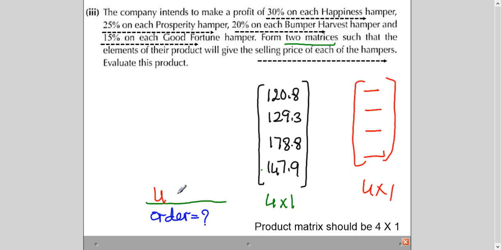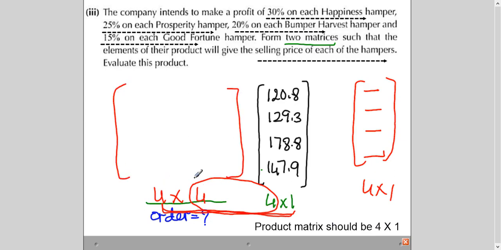And here I should definitely have 4, because if the 4 and 4 are the same, then multiplication is possible. So I understood that the matrix which will come here will be a 4 by 4 matrix.